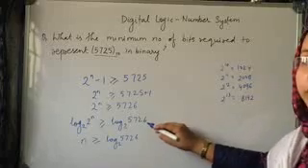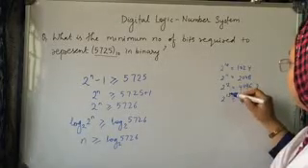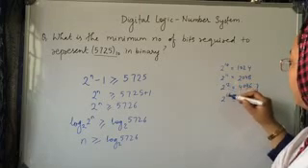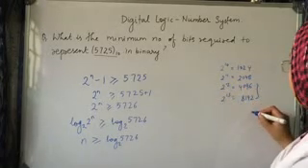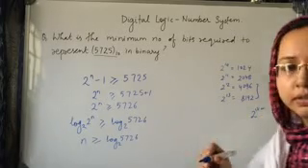But this number is 5726, so it means the number will be between 2 to the power of 12 and 13. So it will be 2 to the power of 12 point something.